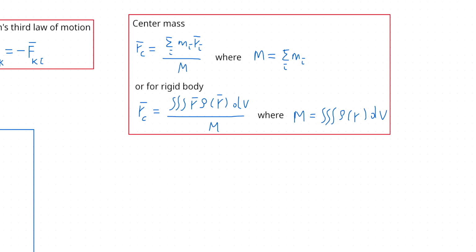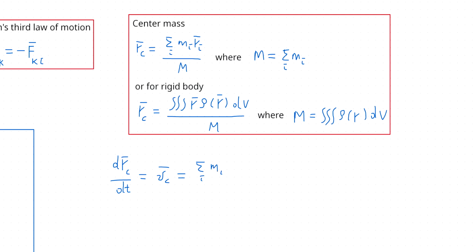Let's find the derivative of this radius vector R_C. dR_C divided by dt will be v_C, the velocity of the center of mass, and it will be, according to the first formula, the sum of m_i dr_i divided by dt, divided by m. If you use the second formula, the result will be the same.